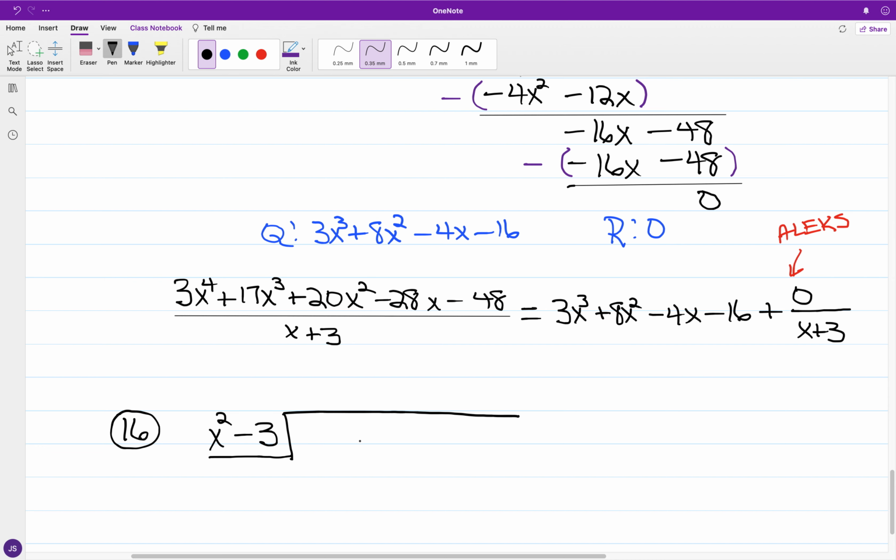okay, so you have x to the 5th minus 2x to the 4th, then we have plus x cubed. Now there's no x squared term specified, so again, we'll be using a 0 placeholder. And then we have minus 8x plus 18.